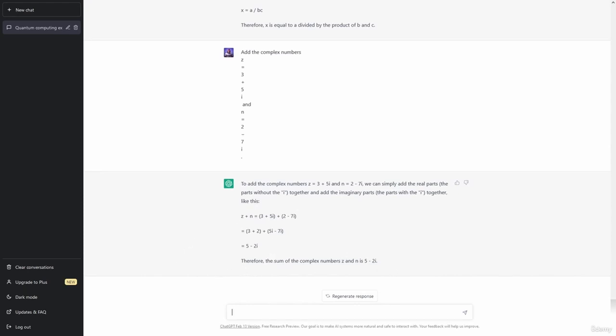So that is always a good thing, because that means that if you were using ChatGPT to help you with mathematical problems in school, it would also allow you to show how you come up with the answer as well.